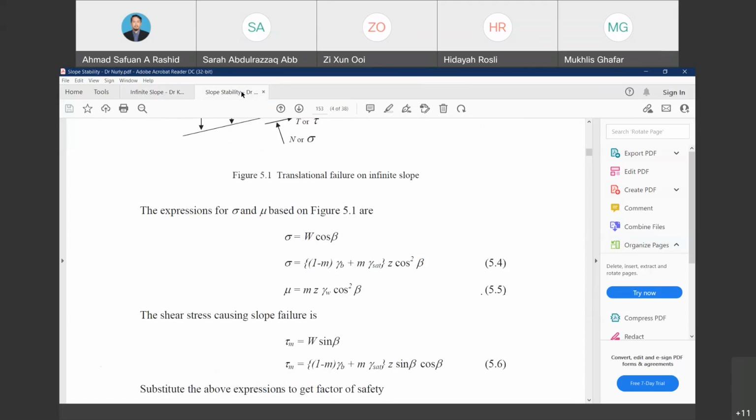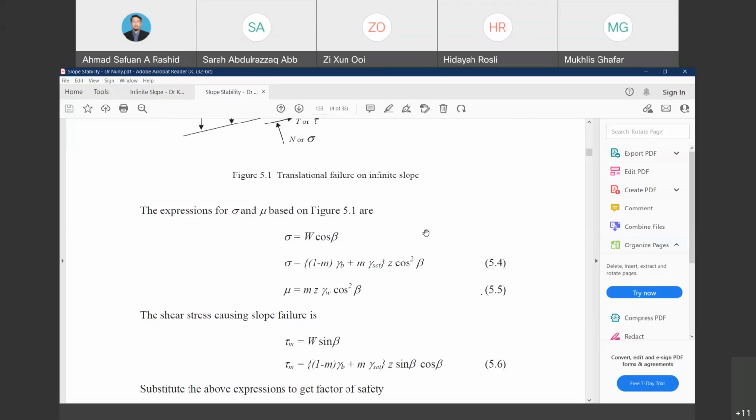So 5.4 is equal to 90.4. So 90.4 for the sigma.